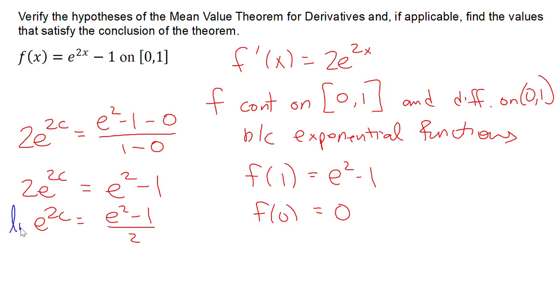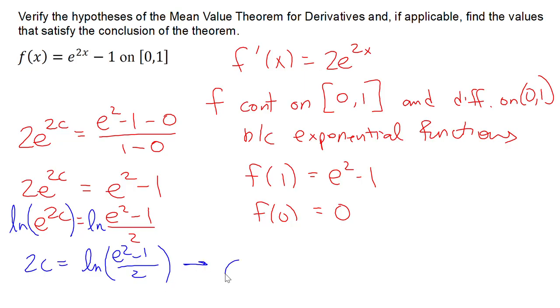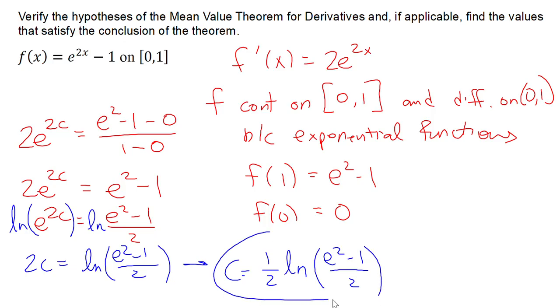We're going to take the natural log of e to the 2c and the natural log of e squared minus 1 over 2, which just gives us 2c on the left side is equal to the natural log of e squared minus 1 over 2. Now we'll just divide by 2. In other words, that's giving us c is equal to 1/2 the natural log of e squared minus 1 over 2. And this answer is perfectly fine.